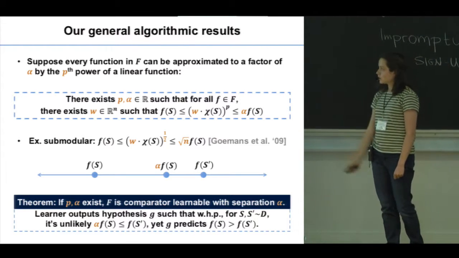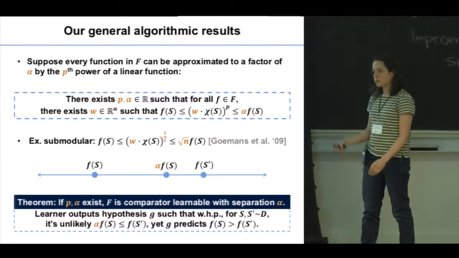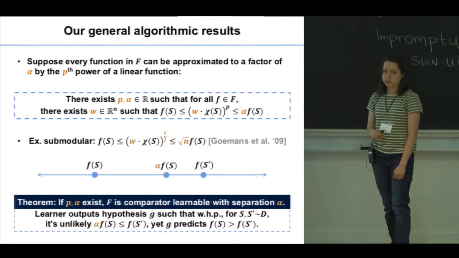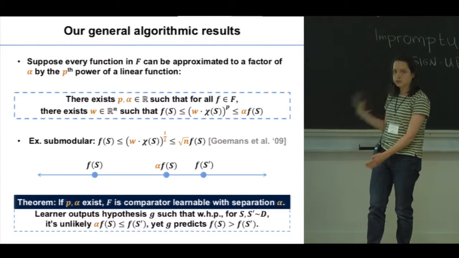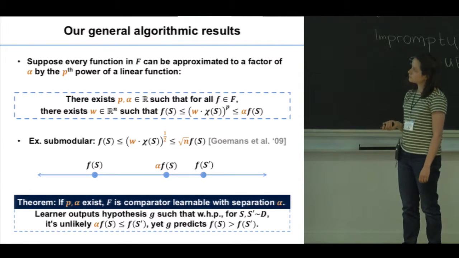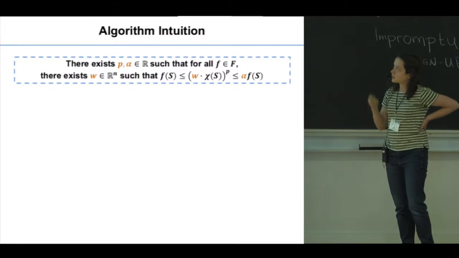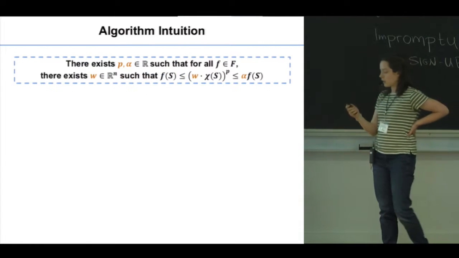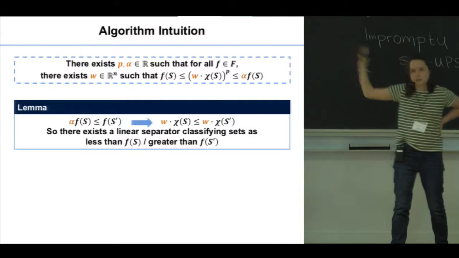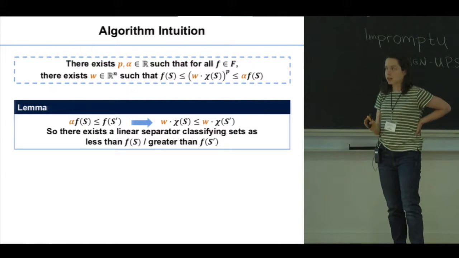Then we prove that if such a p and an alpha exist, then f is comparator learnable with separation alpha. So here again is the informal definition of what that means. Now some very brief intuition for the algorithm. Suppose that such a p and an alpha exist for our function class f.